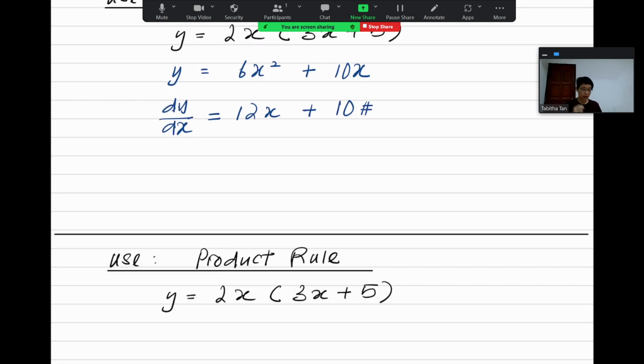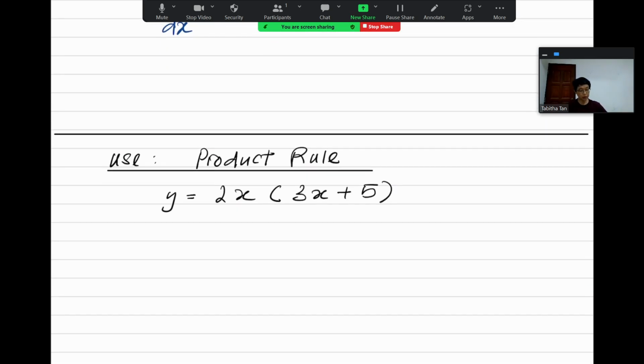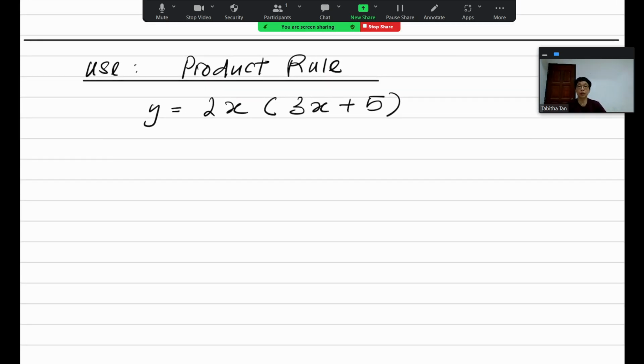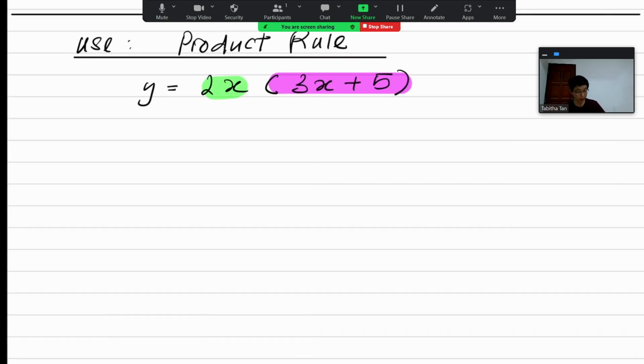There you go. Okay, so now let's demonstrate the two functions in the product rule. All right, again, taking turns to be kept, maintained the same, and then differentiate. And in between is an addition, add it up. So now let's go, dy dx.